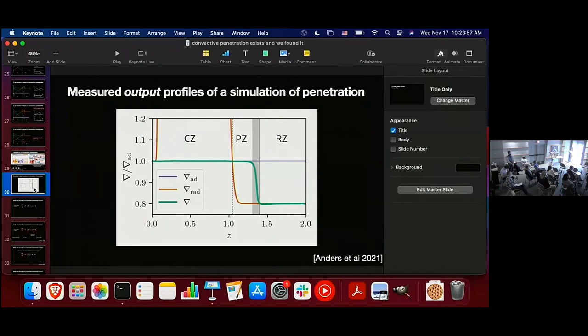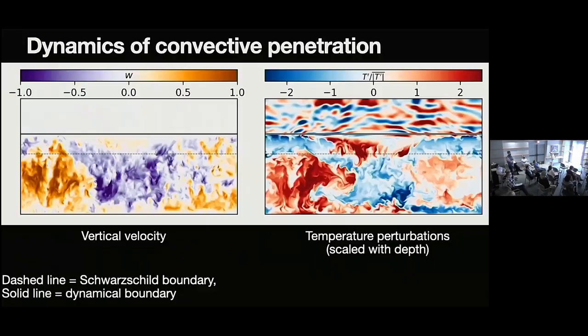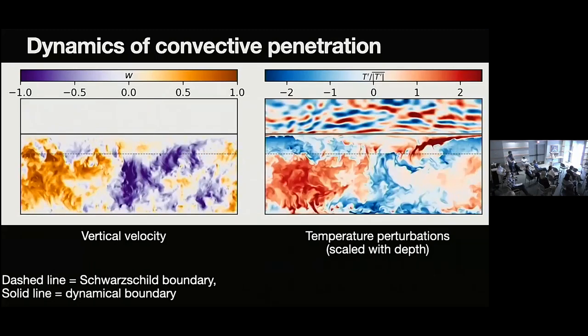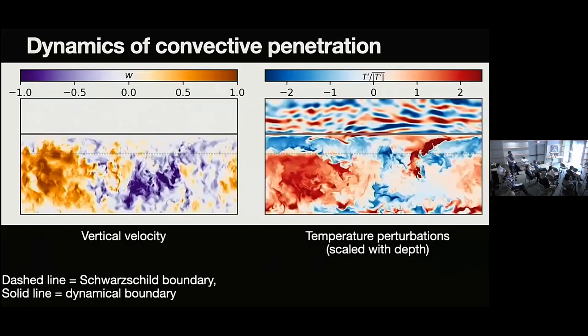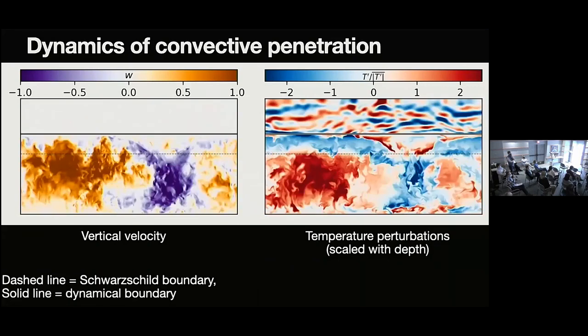Here, can you go back to the slide with the simulation? Yeah. So the dashed line here is a Schwarzschild boundary at which acceleration vanishes, right? Yeah, it's where acceleration vanishes and changes sign. And the true boundary is where the velocity vanishes. Yep, that's up here.